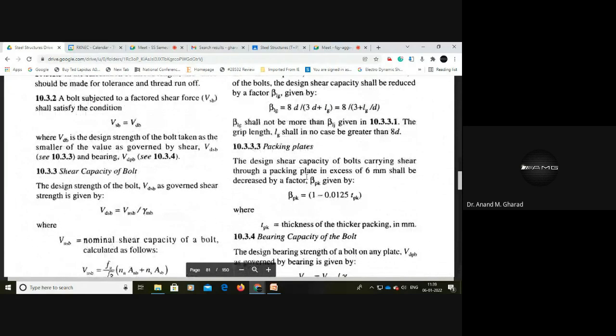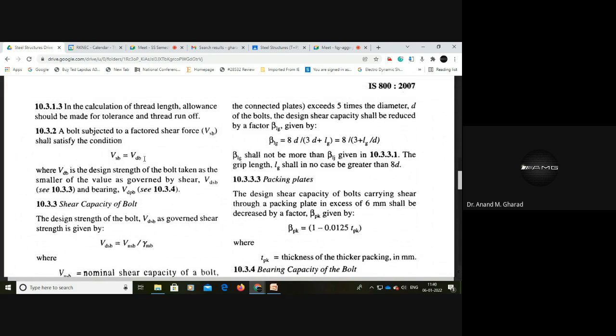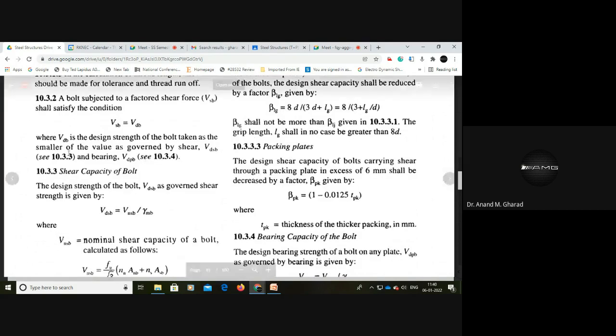ठीक है. So fine, what is written: a bolt subjected to factored shear force shall satisfy the following condition. VSB is less than or equal to VDB, where VDB is the design strength of the bolt taken as the smaller of the values as governed by shear and bearing. Okay, this VDB is the least of VDSB and VDPB.